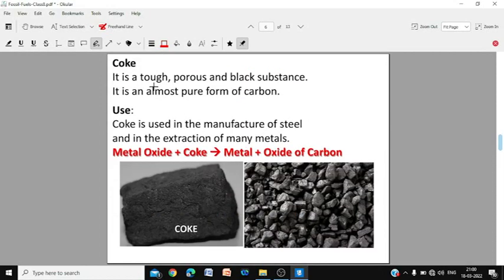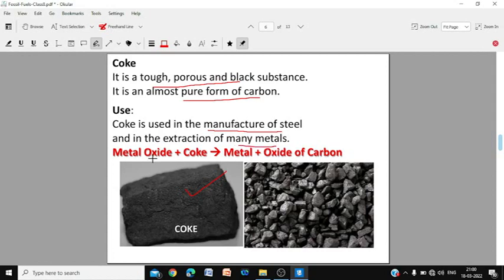Coke. It is a tough, porous, black substance, and one of the purest forms of carbon. Where is it used? Coke is used in the manufacture of steel and the extraction of many metals.